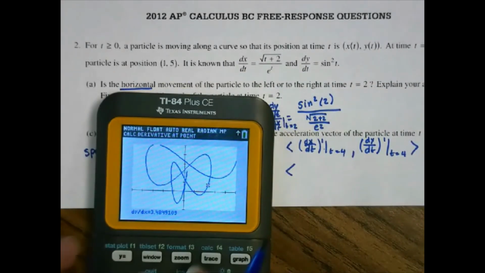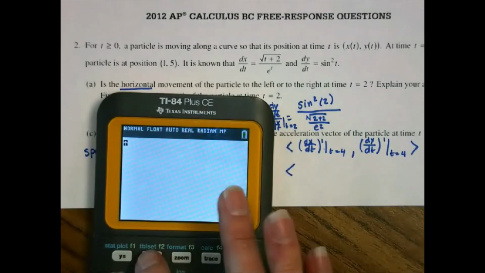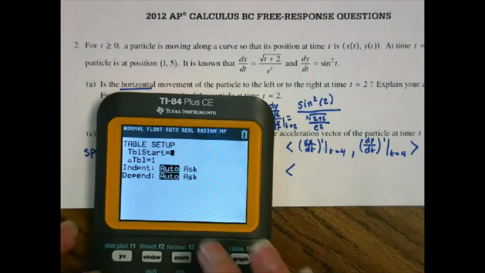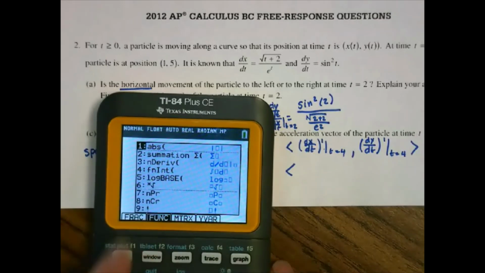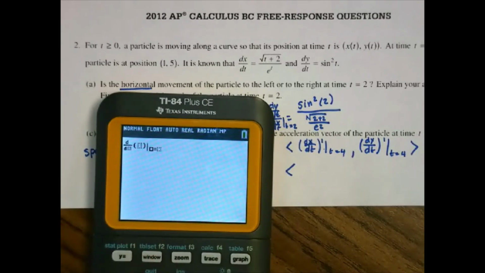So we're just going to go back to our home screen here. We're going to do second F2, and we want the numerical derivative. So we want d/dx. Ooh, I'm still in parametric mode. Well, that's fine. But you can go back to function mode as well.